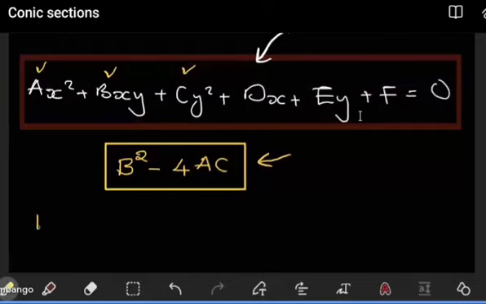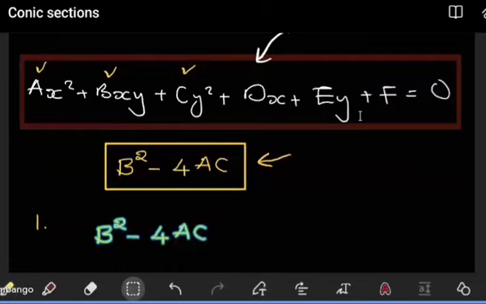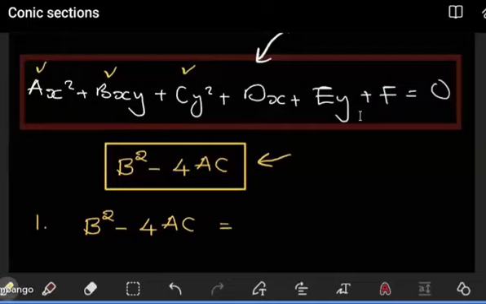Firstly, once you get this value, when you evaluate it, what will it give you? Well, here's the first thing. If when you evaluate this expression, you end up with a value that is equal to 0, then your conclusion is that you are dealing with a parabola.